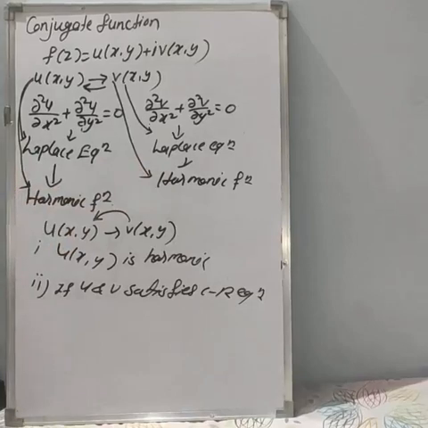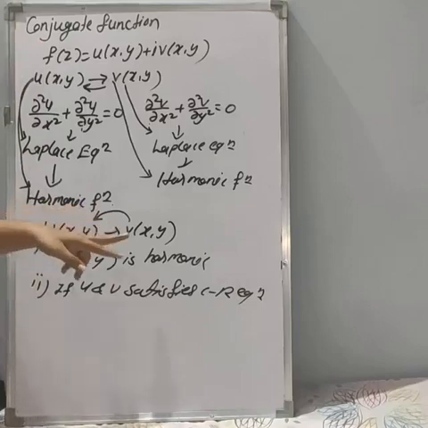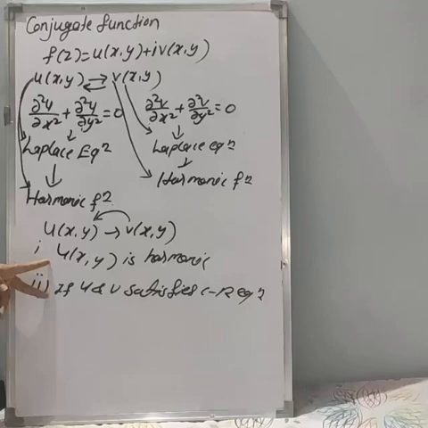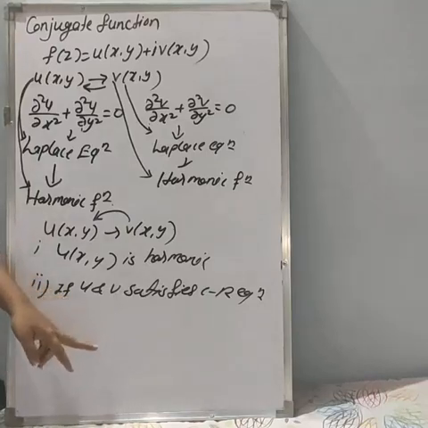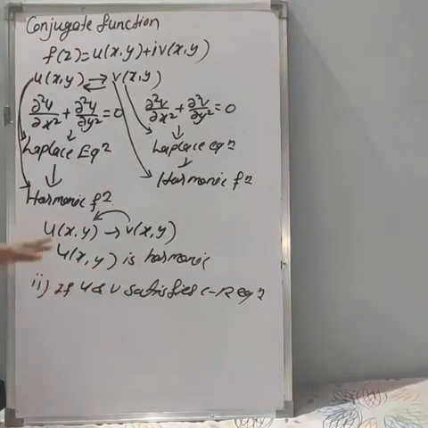Okay, next, harmonic conjugate. Here it is only a conjugate function, but here it is a harmonic conjugate. So u is said to be harmonic conjugate of v if it satisfies two conditions. First, u should be harmonic. Second, u and v satisfy the CR equation. And you know what the CR equations are: dou u by dou x is equal to dou v by dou y, and dou u by dou y is equal to minus dou v by dou x.